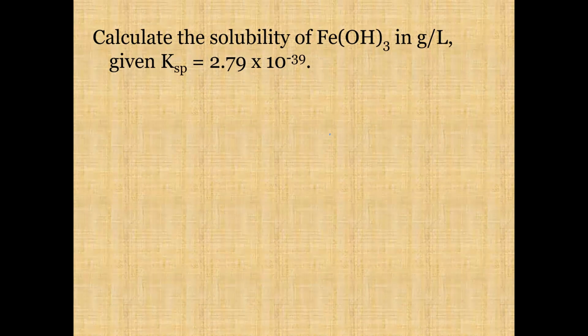So we have to set this up the same way. We need to write out our equation. So we're looking at the solubility of iron 3 hydroxide. That will split into the iron 3 ion and 3 hydroxide ions.